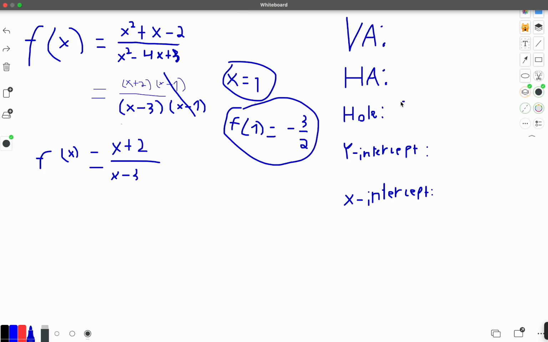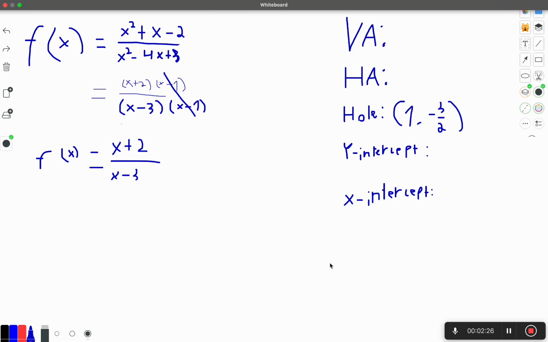So that means we can write the final coordinate, which is going to be 1, comma, negative 3 over 2. Okay, that's perfect. So now I can erase all of this. Perfect, okay. Now let's determine our vertical asymptote.